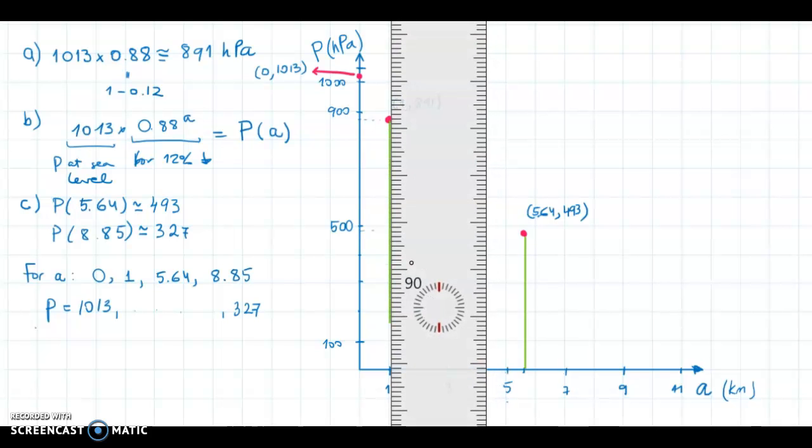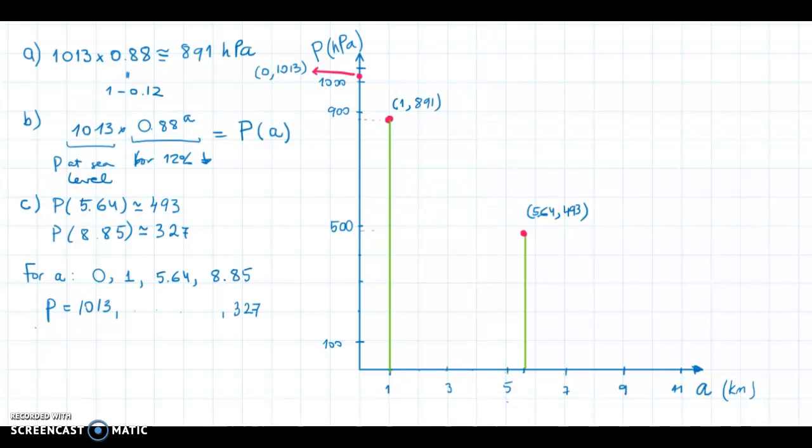I'll mark also the horizontal ones in a second when I have them already. The last point corresponds to an altitude of 8.85 and the pressure is 327. So let me mark 300 here. So 327 should be around here and 885, the point should be around here.